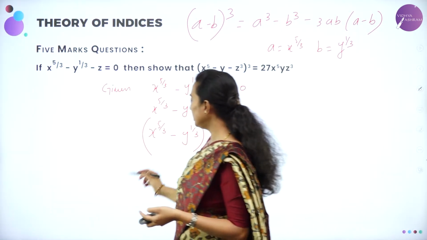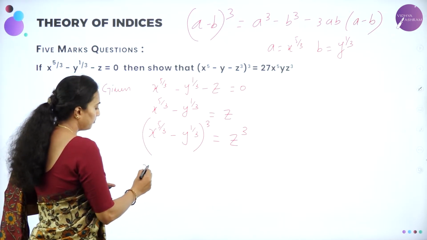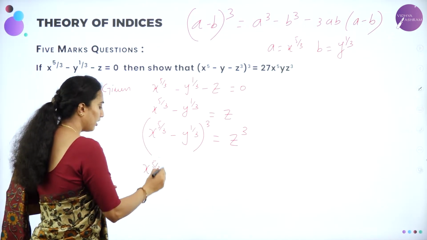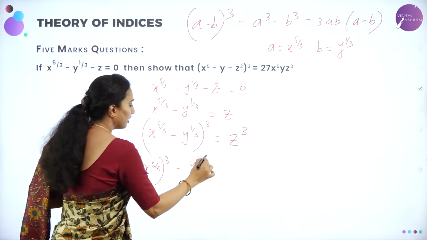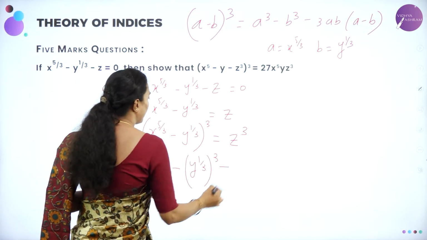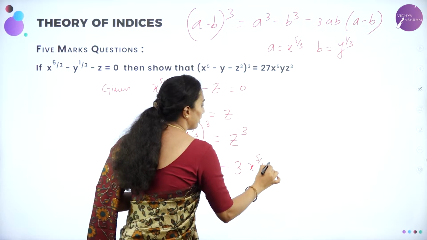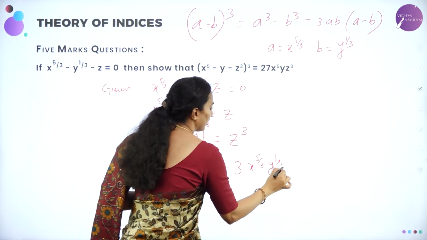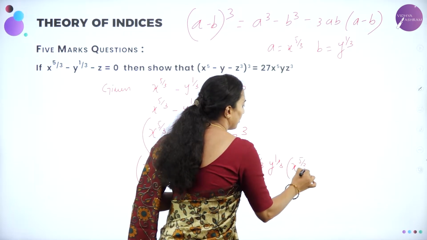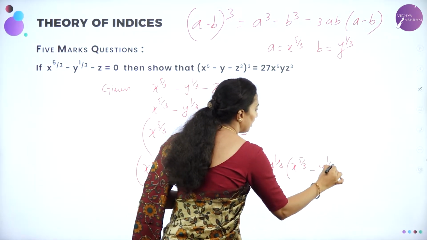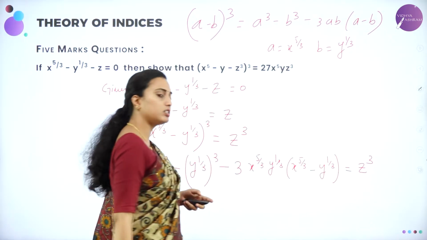So accordingly I am going to split the formula: a cube minus b cube minus 3ab into a minus b is equal to z cube, isn't it?